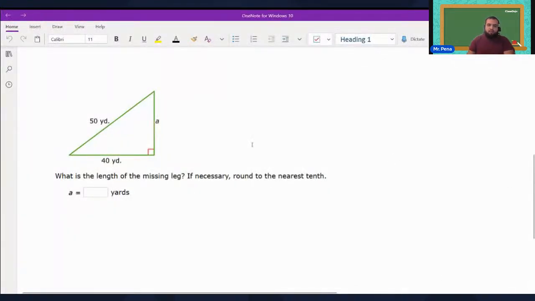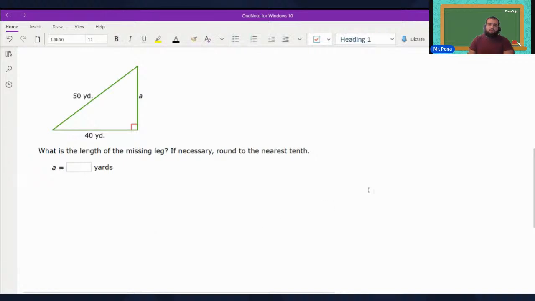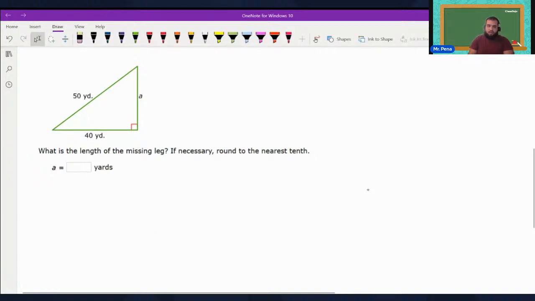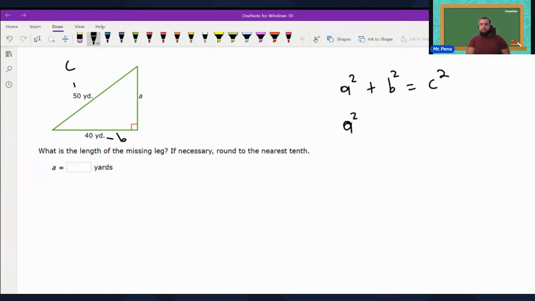So we have 50 yards by 40 yards and A. So this is what we do. Write the original formula, A squared plus B squared equals C squared. Remember, this is B and this is C. We don't know A, so we leave it there.